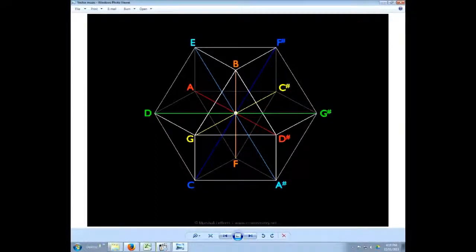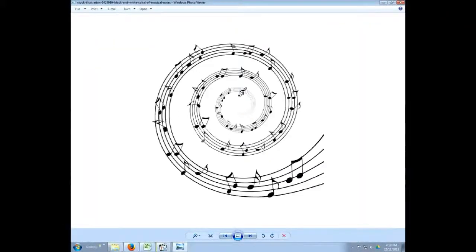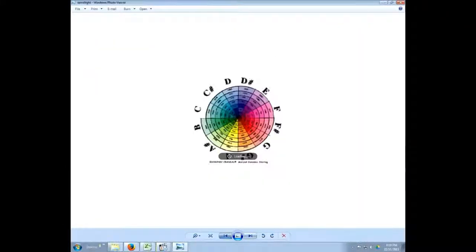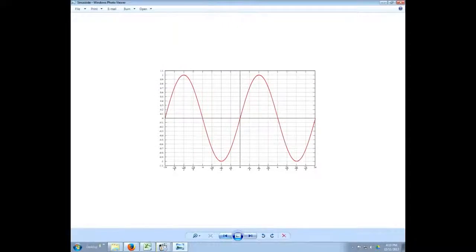And 5 and 1 equal 6. So we have 6, 6, 6, and 3, 3, 3. This is another symbol representing the music, and this is the two-dimensional symbol of the music.